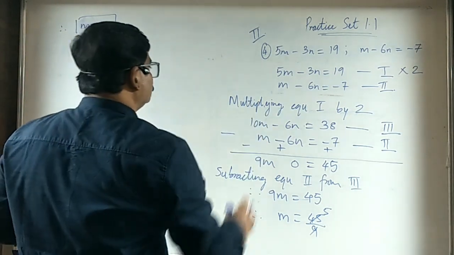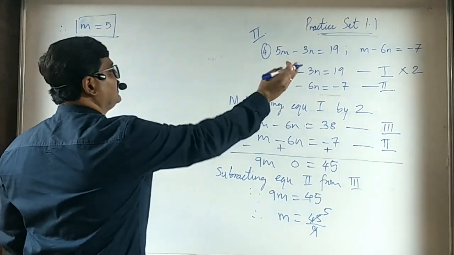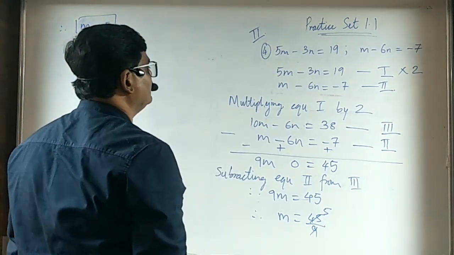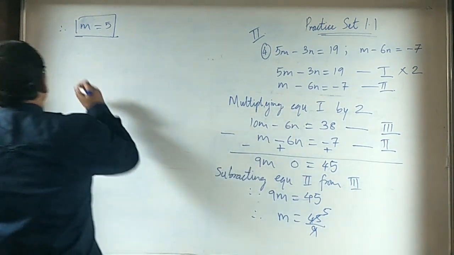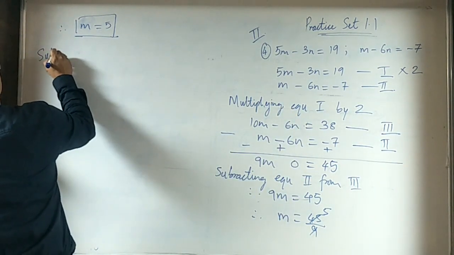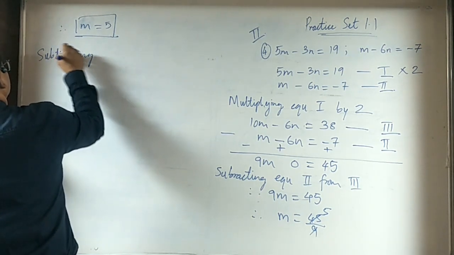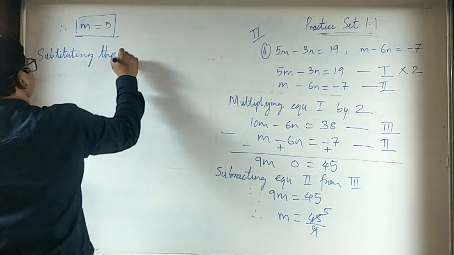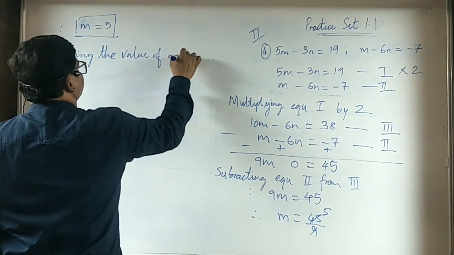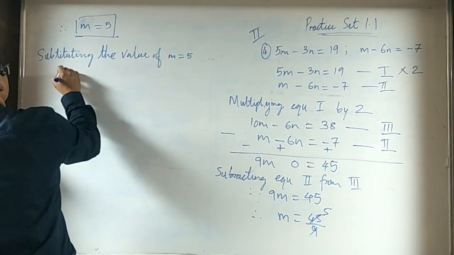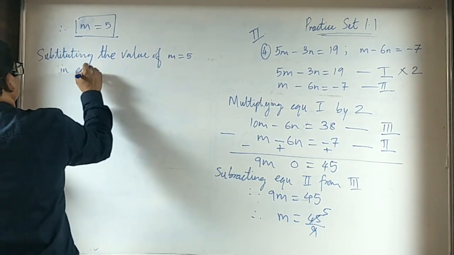I can do the substitution of m in any of the equations. Can I take equation number 1 in this case? So you have to write it over here: substituting the value of m is equal to 5 in equation 1.